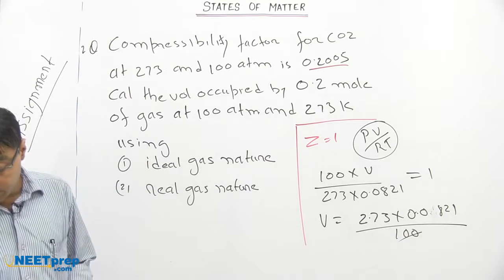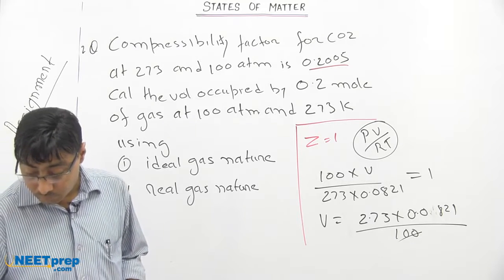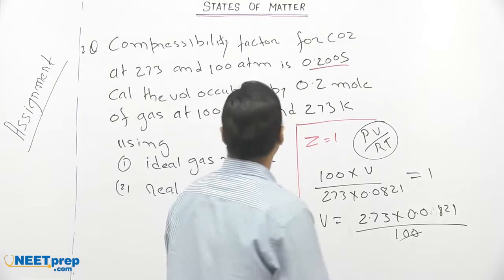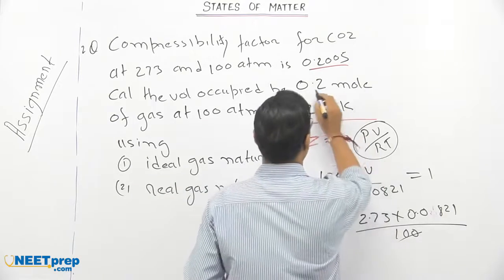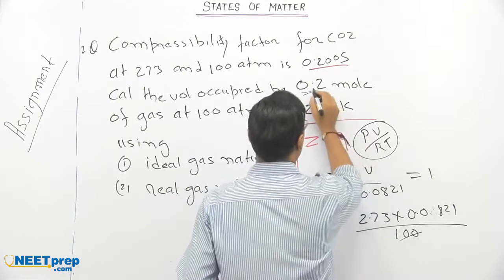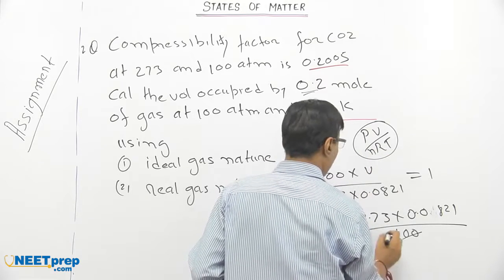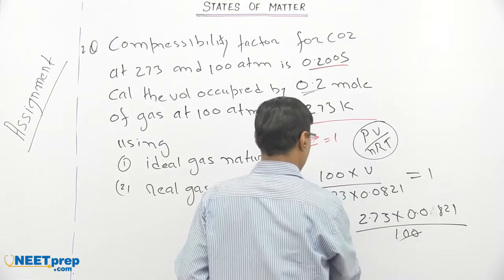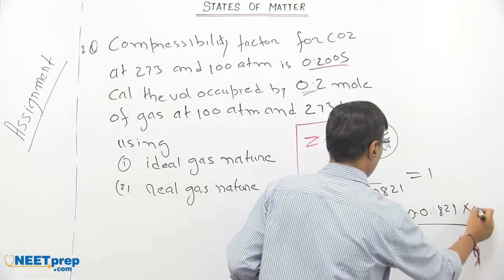And here we forgot one more thing. N is equal to 0.2 mole. So this is 0.2 mole, so multiplied by 0.2.